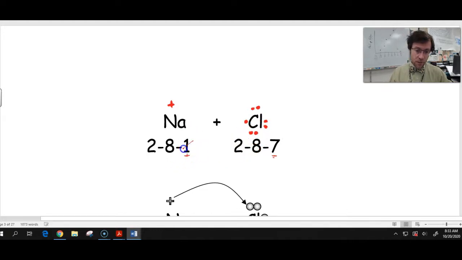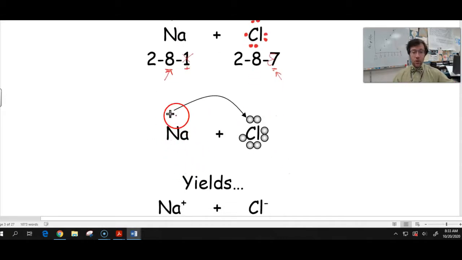If you could just scrape off sodium's one outer electron, there's 8 right there, and that's super stable. And if you could add just one more to chlorine, that one's going to be 8, and again, that will be stable. That's why it happens.